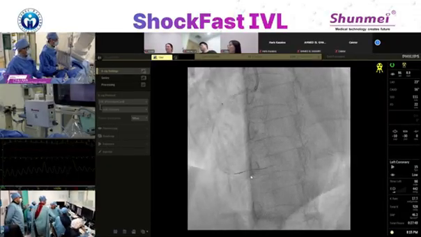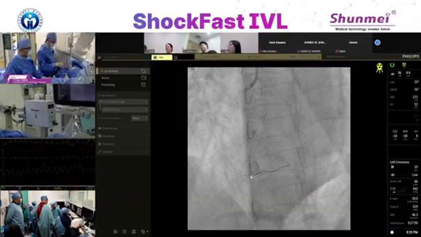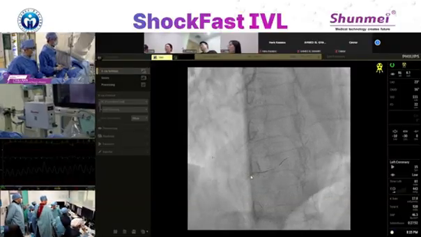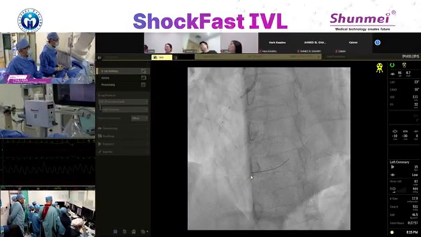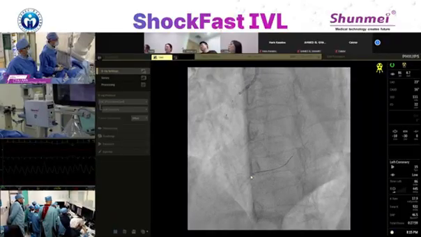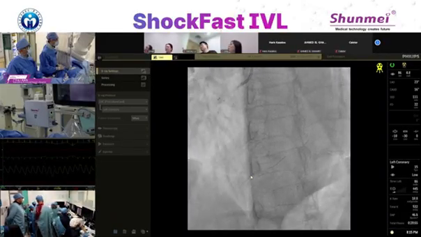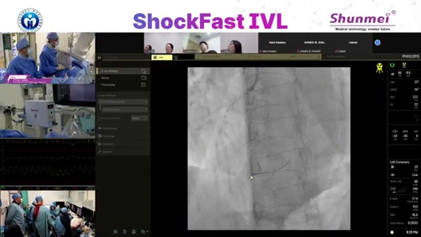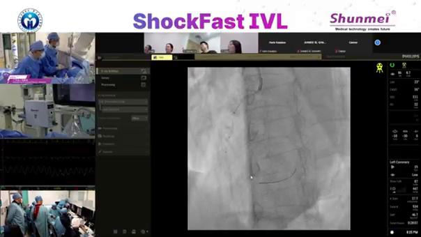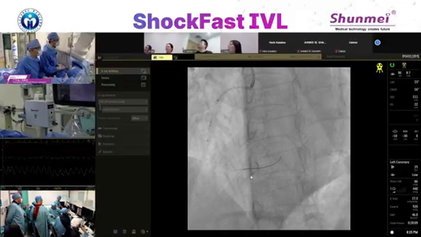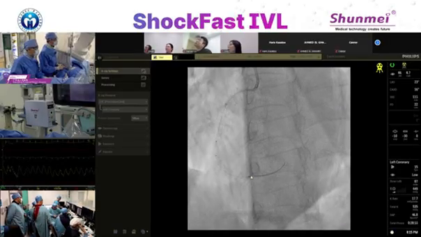No. I'm afraid it's shortening the proximal segment. It's in the stent now. Cannot go.